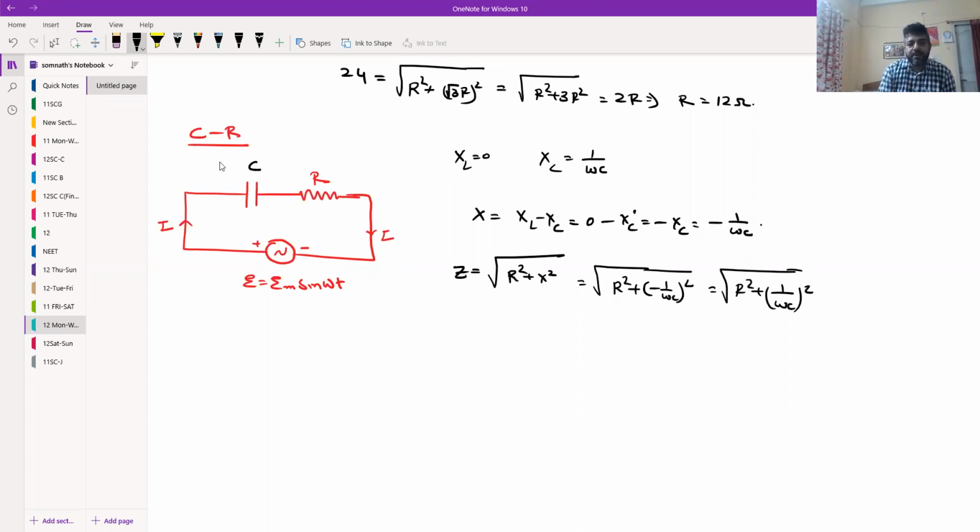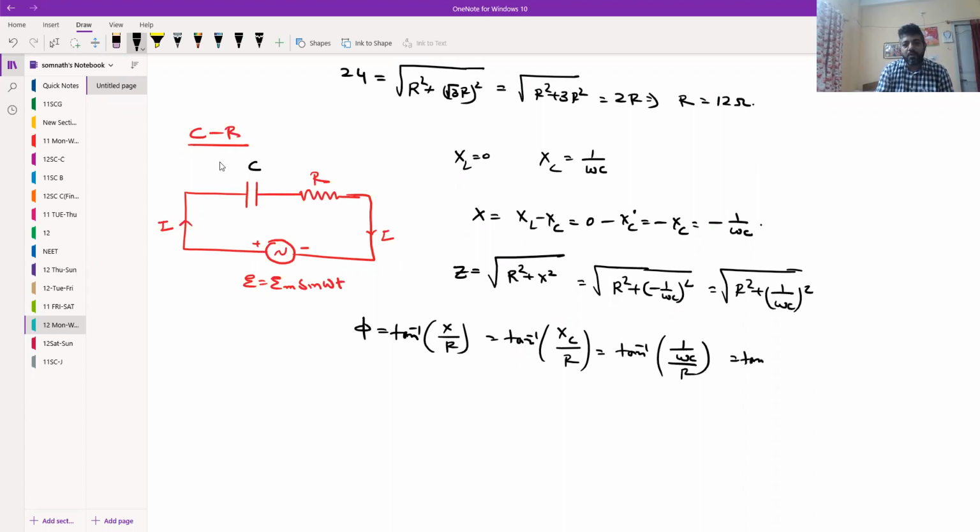So you can find phi, don't worry about plus or minus, simply X by R. So tan inverse XC by R, or you get the value minus, with respect to the previous one it will be reversed, but we don't require that. Also we can write directly tan inverse of 1 by omega C by R, that is tan inverse 1 by omega C R. Clear everyone?